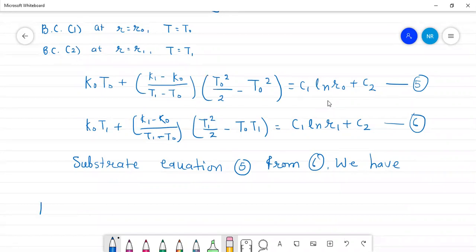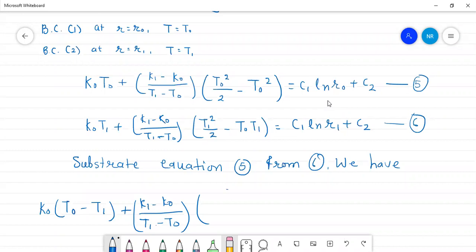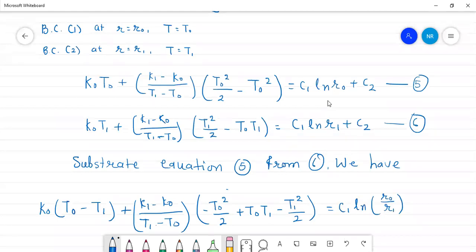So K0 times T0 minus T1, here the constant value, plus K1 minus K0 divided by T1 minus T0, multiplied by minus T0 square divided by 2 ... T0 ln R1 minus R0.